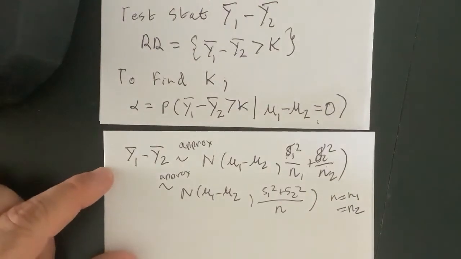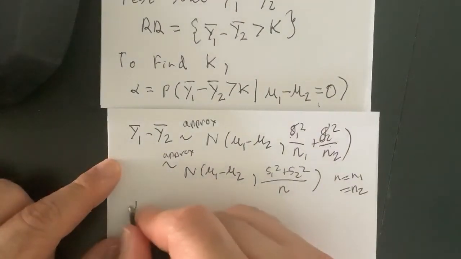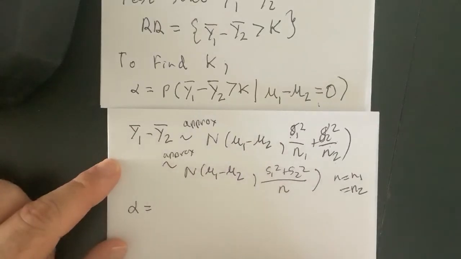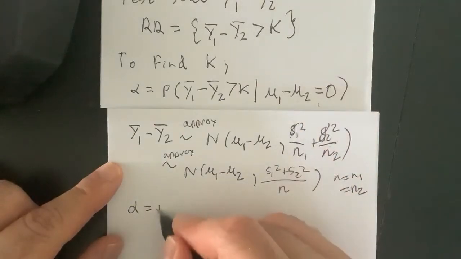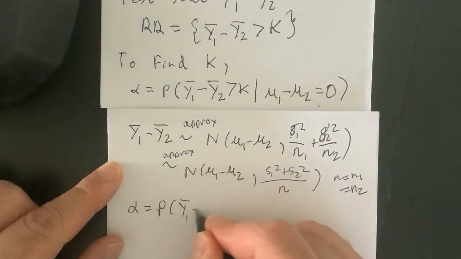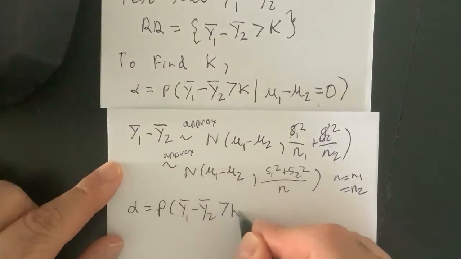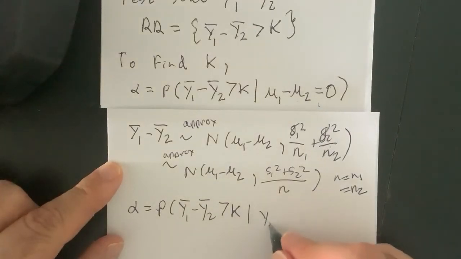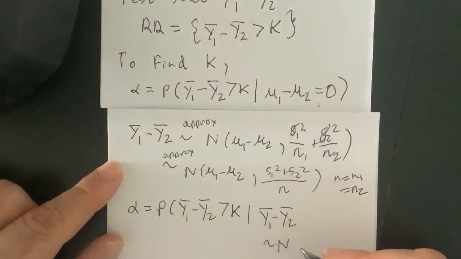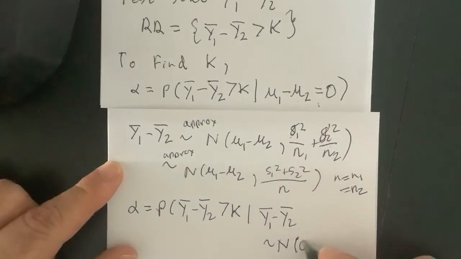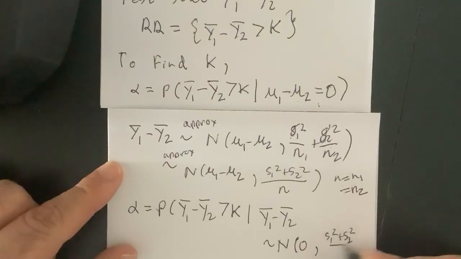All right, so alpha then is equal to the probability y1 bar minus y2 bar is greater than k, given that y1 bar minus y2 bar is normal with mean mu1 minus mu2, which is 0, and variance S1 squared plus S2 squared over 37.